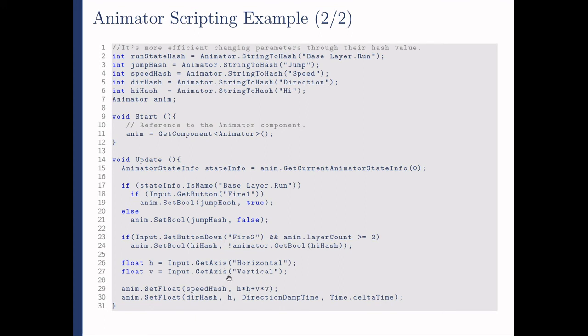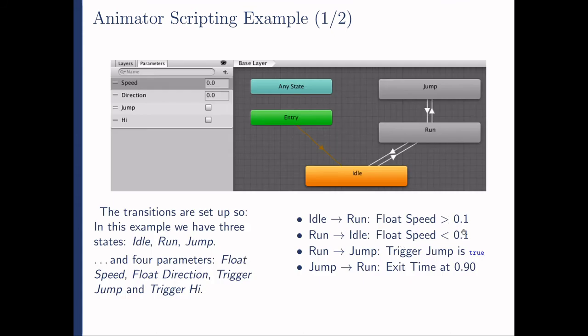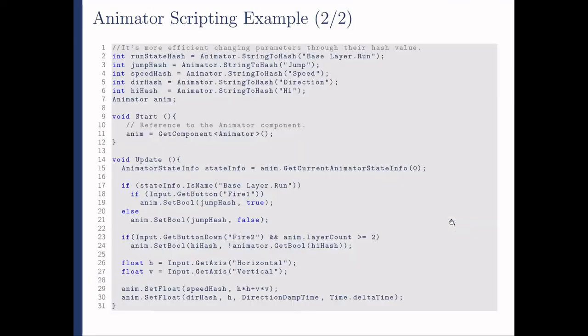Remember that if this value is greater than the threshold, when you are in idle you move to run. So you set the value here, and if it is greater than the threshold, the finite state machine will automatically transition to another state, which in this case is the one for running.